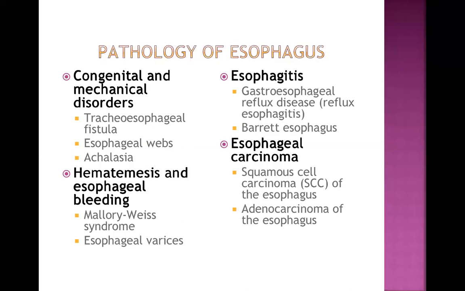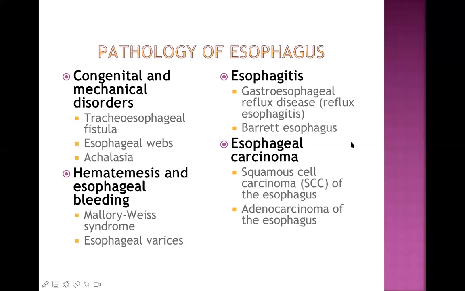Hematemesis and esophageal bleeding. Under this heading, we'll discuss Mallory-Weiss syndrome and esophageal varices. The third one is esophagitis, and under this heading, we are going to talk mainly about GERD or gastroesophageal reflux disease, which will cause reflux esophagitis, and then Barrett esophagus, which is a long-term complication of GERD.